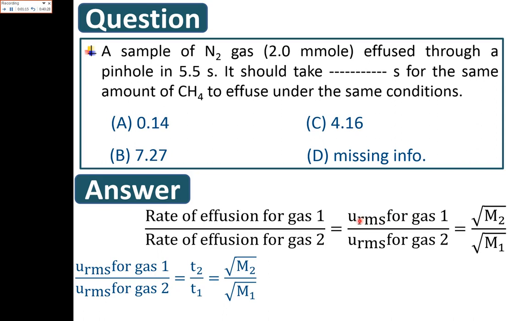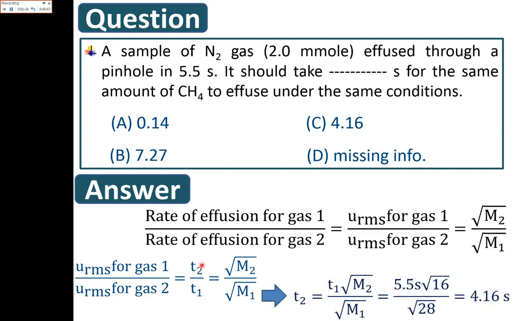So URMS of gas 1 is inversely proportional to T1, and URMS of gas 2 is inversely proportional to T2. You can substitute directly in this equation to calculate T2 for the methane gas, which is 4.16 seconds. So the answer will be number C, 4.16 seconds.